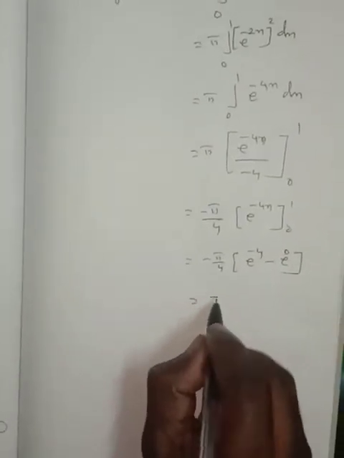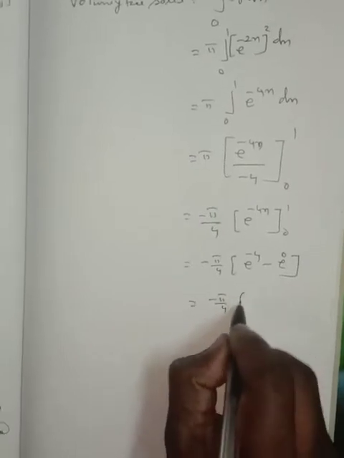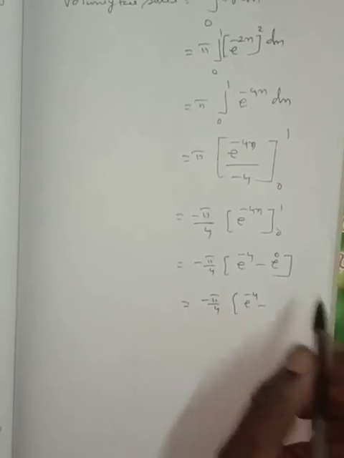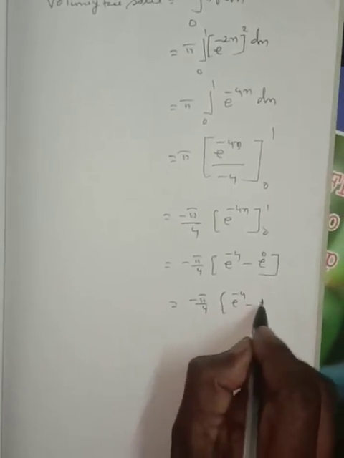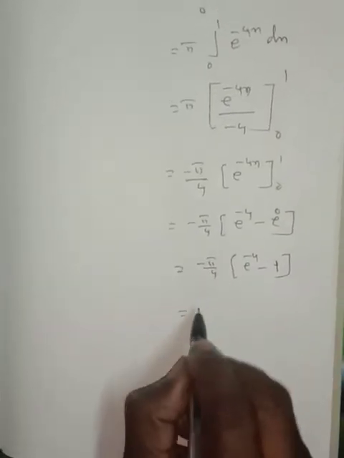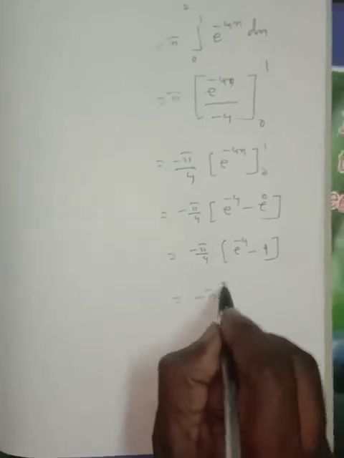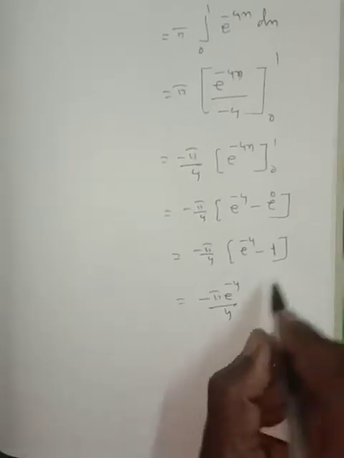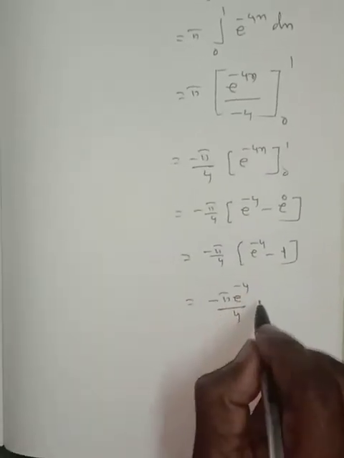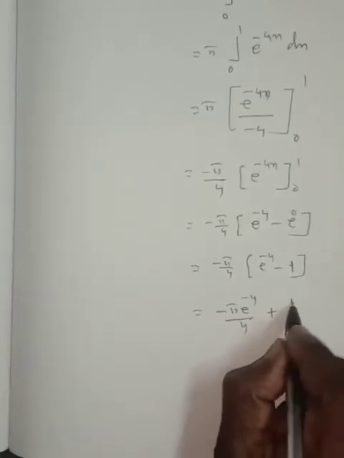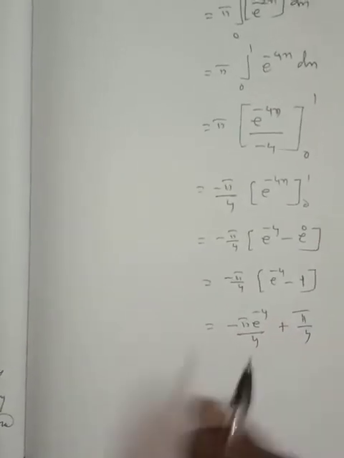Therefore minus pi divided by 4 into e to the power of minus 4 minus 1, so minus pi e to the power of minus 4 divided by 4, minus of minus, positive plus 1 into pi by 4 is pi by 4.